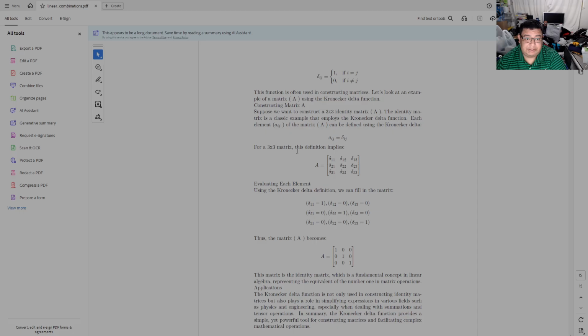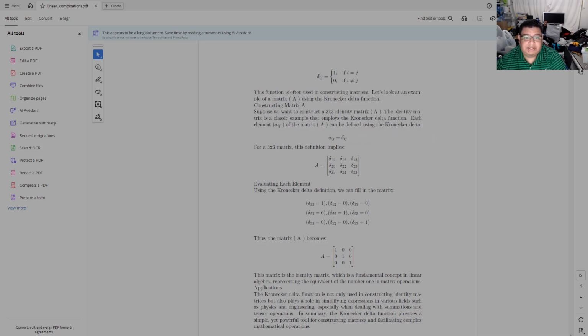For a 3 by 3 matrix, this definition implies the following. Any subscripts I and j that are equal, for example the diagonals, all those elements have equal I and j values, so they're all going to be 1 using the definition of the Kronecker delta.